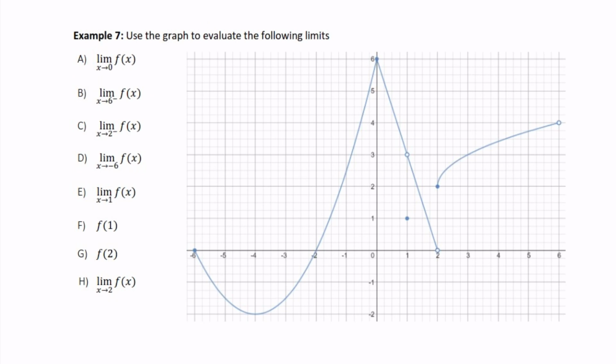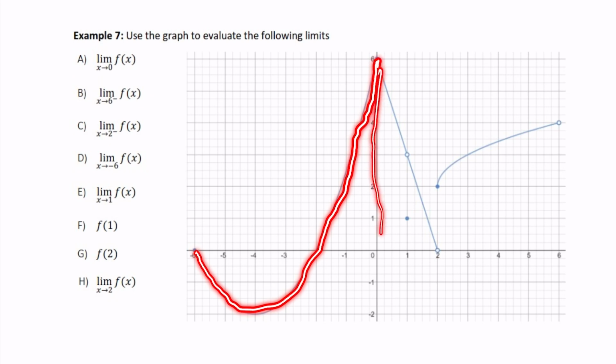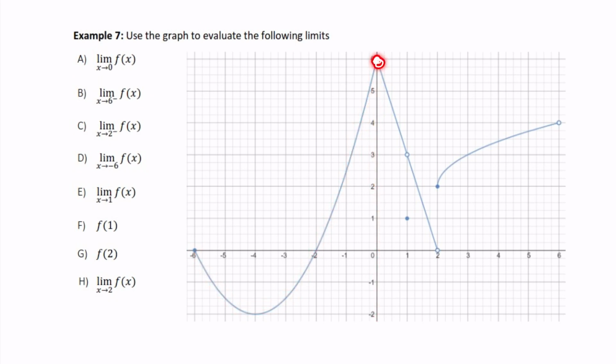The first question, A, says we should find the limit of f of x as x approaches 0. So I go to 0. This is the line x equals 0. This is the left hand side of 0 and this is the right hand side of 0. As the graph approaches 0 and gets to this line, you clearly see that the value here is 6 from the left.